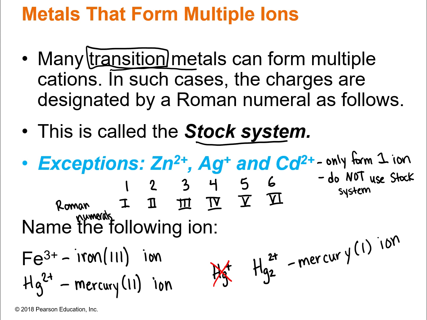There are 2 mercury atoms that each have a +1 charge for a total of 2+. So this is an exception. It's a little funky. And I wanted to introduce that to you because you may come across it in your homework, on the quiz, and on your exam. Don't want to have any surprises for you.